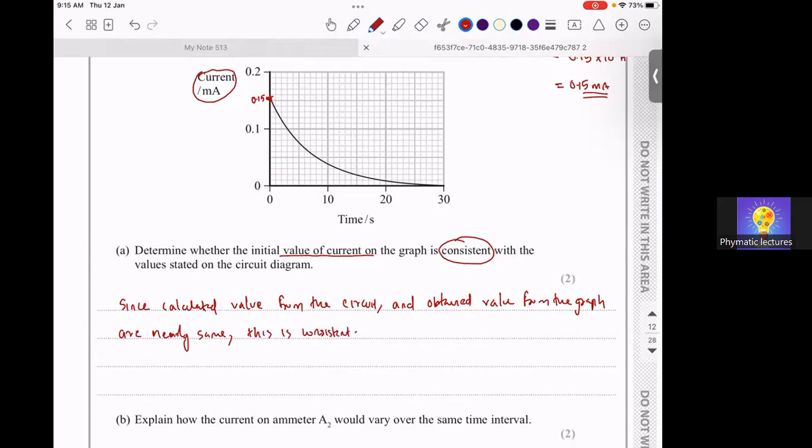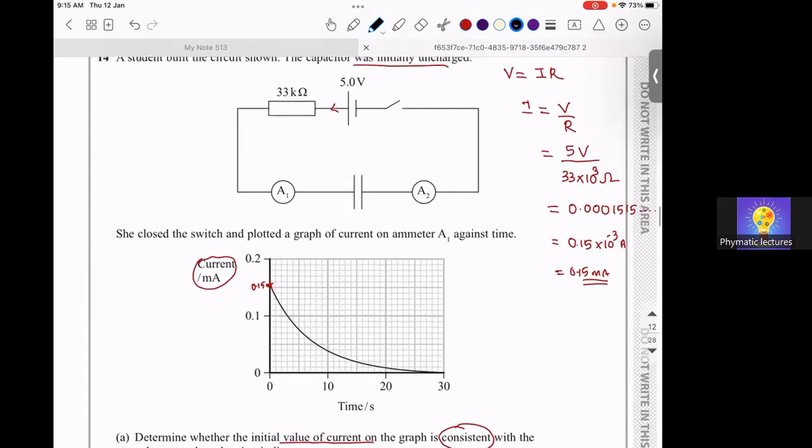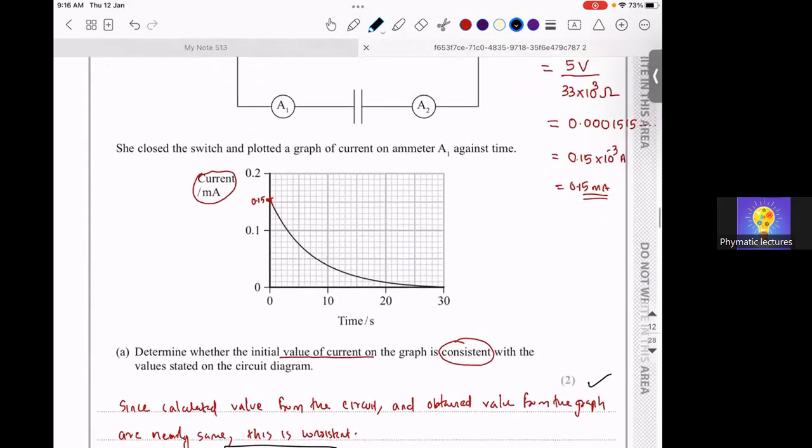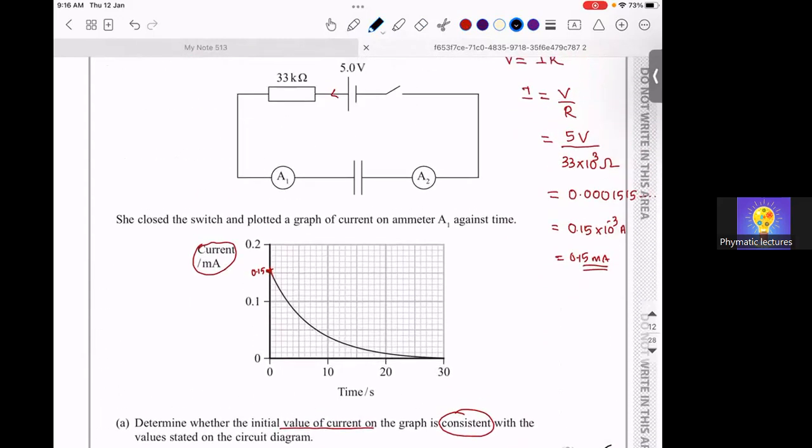Because we need to check whether this is consistent or not. Yes, we checked, we obtained the value, we cross-checked, and the answer is that it is consistent. Clear, my dear students? It's just a 2-mark question. So that's it.